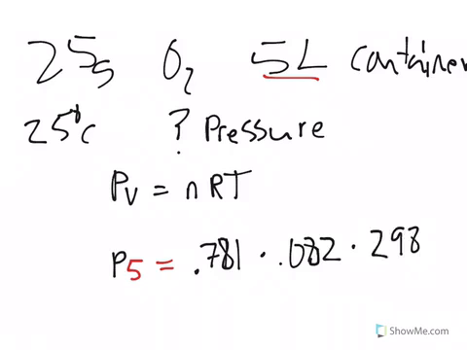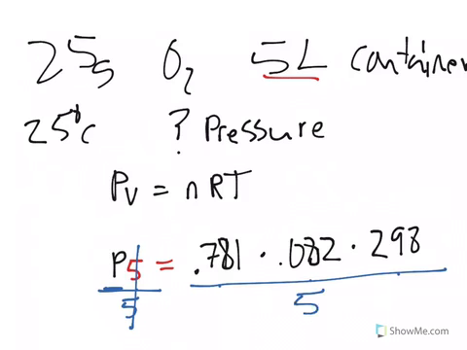So now we have our liters, our moles, our R, and our temperature. We just want to solve for this P right here. Now, how would we solve for that P in algebra? Well, we want to get P by itself, so we would divide by 5. That gets rid of the 5. Then we have to do the same thing to this side, so we're going to divide by 5.